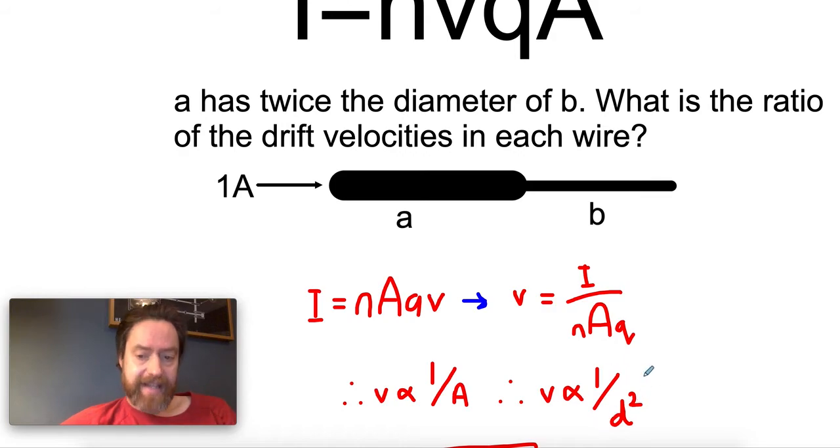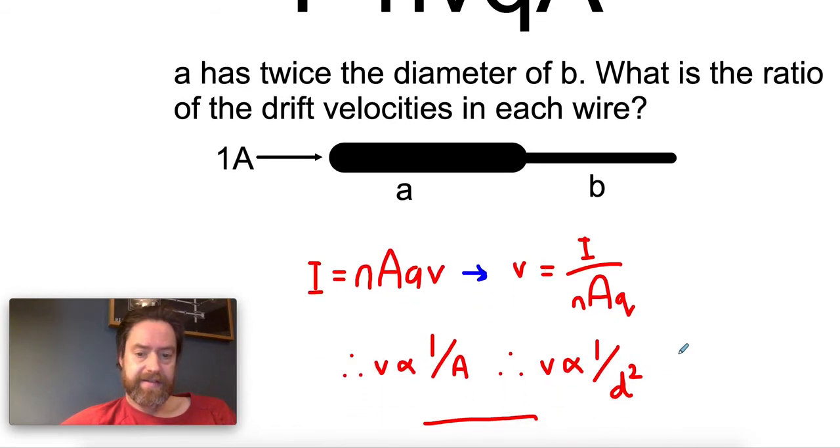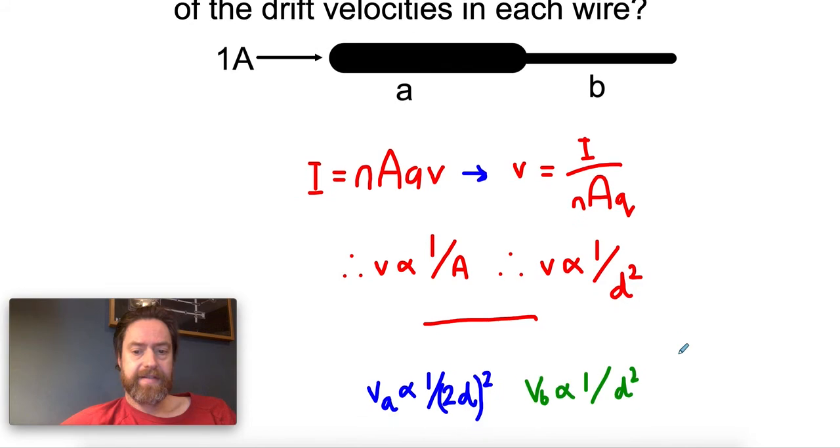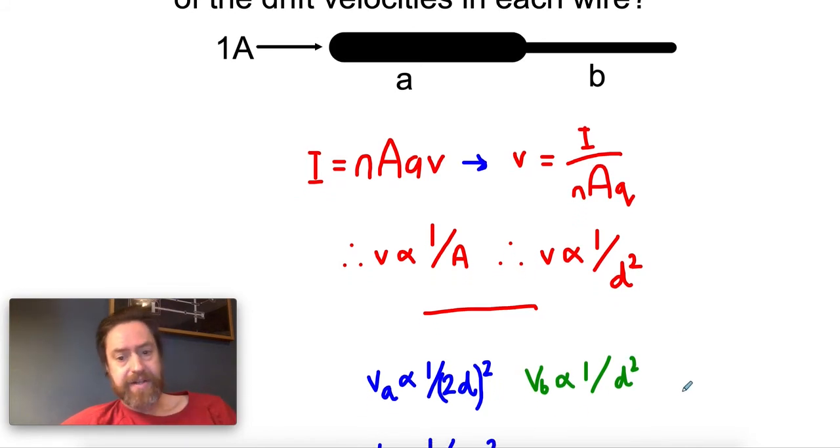Now taking this, I can make two statements. I can say that the drift velocity in A, which has twice the diameter of B, so this time I'm doing it this way around, rather than halving the diameter in B, I'm doubling the diameter in A. The drift velocity in A is 1 over 2d squared, and the drift velocity in B is 1 over d squared.